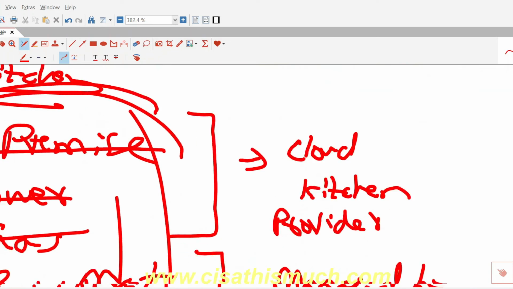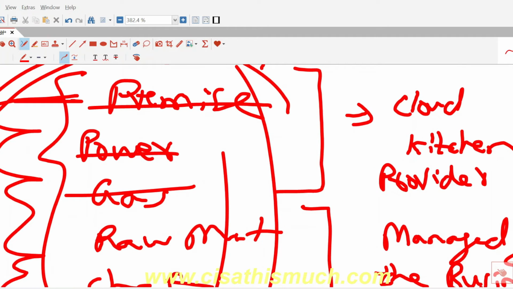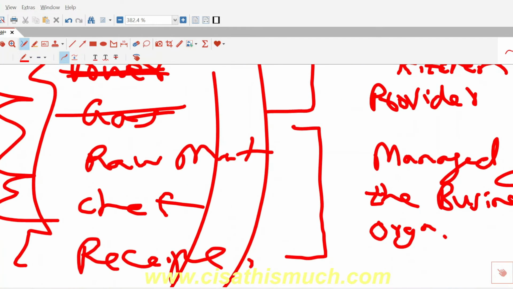So what exactly is happening here? Premise, electricity, gas and everything are provided by the cloud kitchen provider, and the chef is also provided by the cloud kitchen. Let's say the cloud kitchen says, we can give you the facility and we also have our inbuilt chefs linked with our organization.